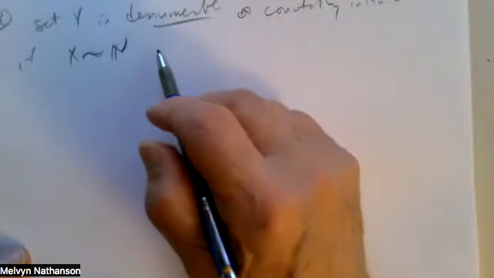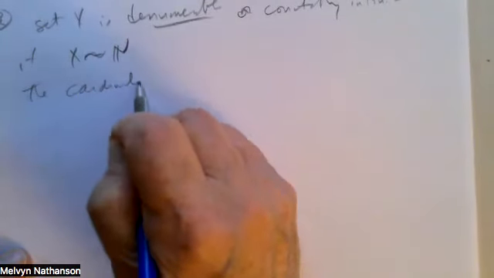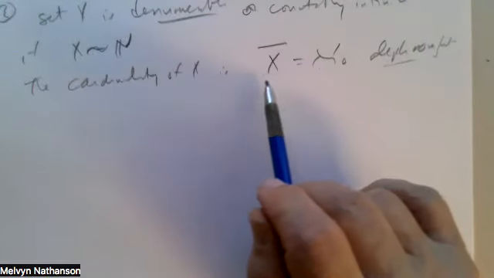That is, there's a one-to-one correspondence between X and the positive integers, and the cardinality of X, or the number of elements of X, is always denoted in this book by X with a bar over it, and we call that Aleph naught. So Aleph naught is the number of positive integers, or the number of elements of any set which is equivalent to the positive integers, or any set which is denumerable or countably infinite.